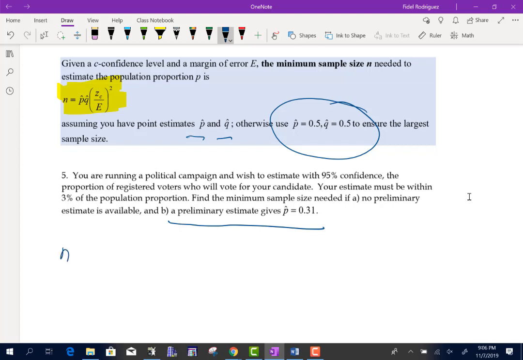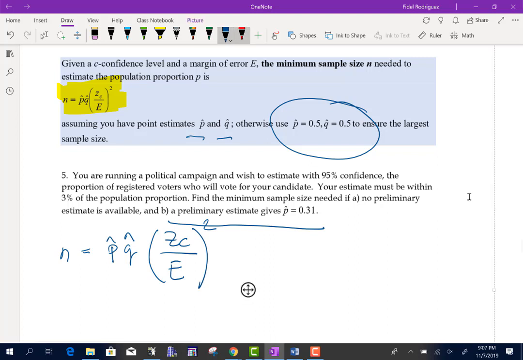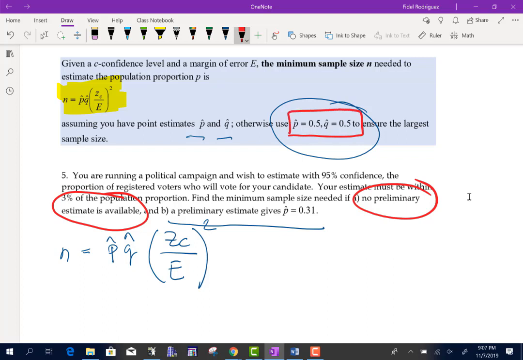I'm going to write down my formula. n equals p hat, q hat times z_c all over E, squared. Okay. Guys, look at the first part. It says, no preliminary estimate is available. If we don't have preliminary estimates, look what we're going to use for p hat and q hat. They're both going to be what number? 0.5, right? So we're going to go like this, look.